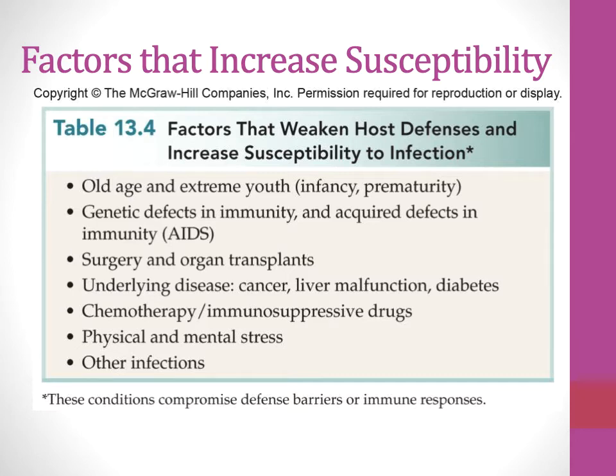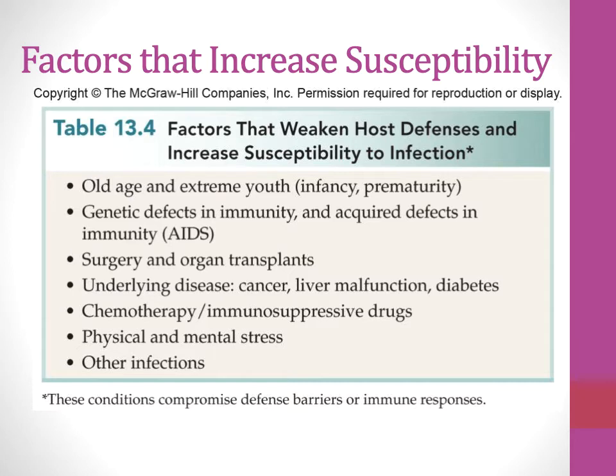We can also have genetic defects, so you could be born with them, or you could acquire them due to something like a viral infection. So obviously, if your immune system is not fully functional, you would not be able to respond to a microbe infection as well. Also, if we've had surgery or an organ transplant, a lot of times we might have been put on antibiotics or immunosuppressive drugs, so we're in an altered state of how the immune system would act.